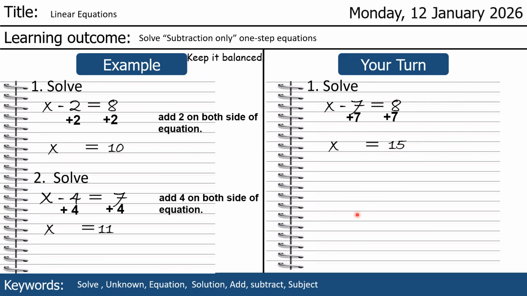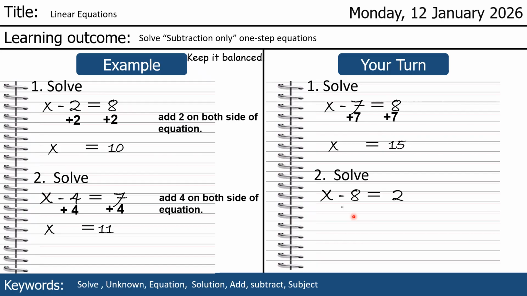Again, just pause the video and have a try with this one. Okay, let's solve for x. Here we have x subtract 8 is equal to 2. The reverse of subtracting 8 is add 8.